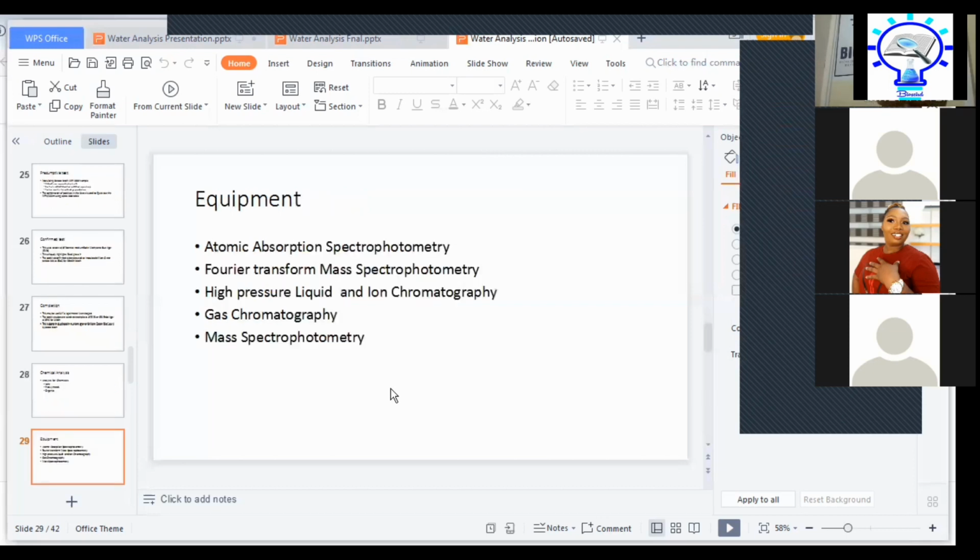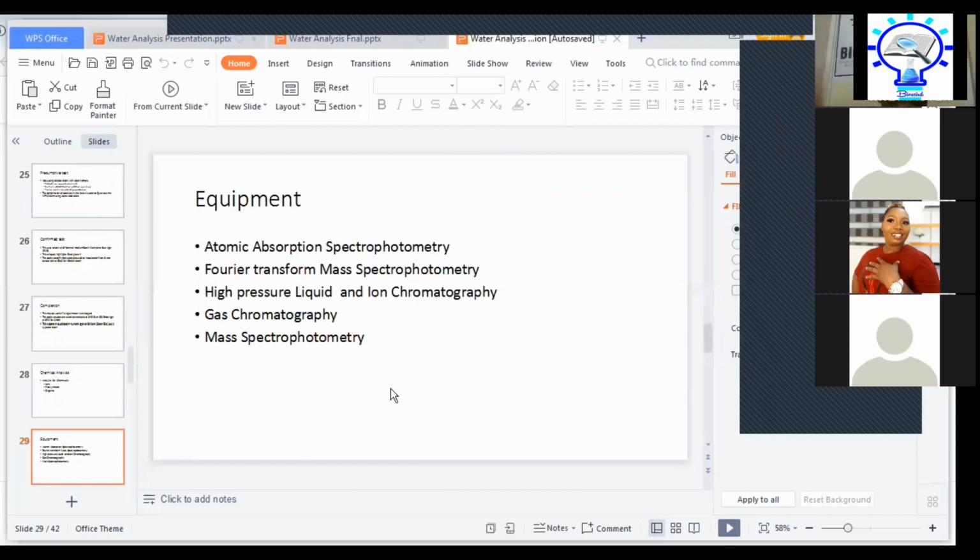So what are the equipment we use to analyze for all these ions, metals, organics in our water? One of them is the atomic absorption spectrophotometer. Another one is the Fourier transform mass spectrophotometer. Another one is HPLC, gas chromatography, ion chromatography, mass spectrometry.